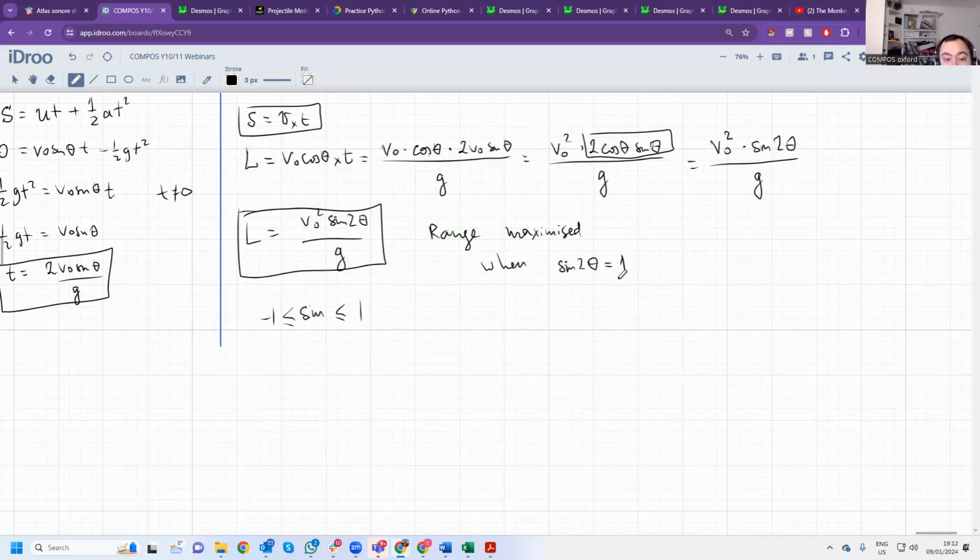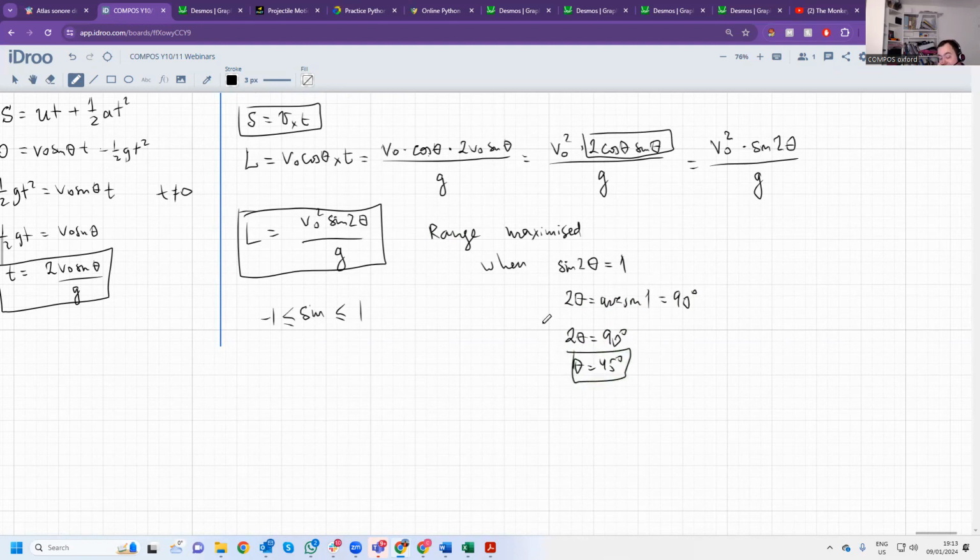Therefore, if sine 2 theta is equal to 1, well, 2 theta is arcsine 1, which is 90 degrees. So 2 theta is 90 degrees. Theta is 45 degrees.